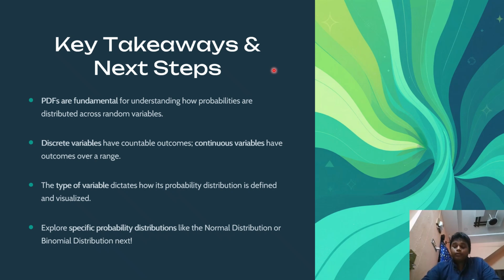As continuous variables have an infinite number of values, the outcomes lie over a range. The type of variable decides how its probability distribution is defined. Specific probability distributions include the normal distribution and the binomial distribution.